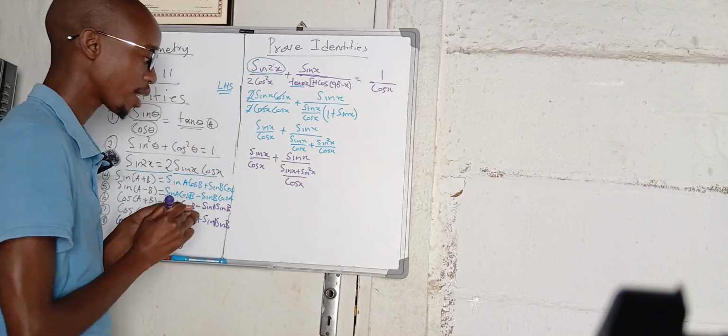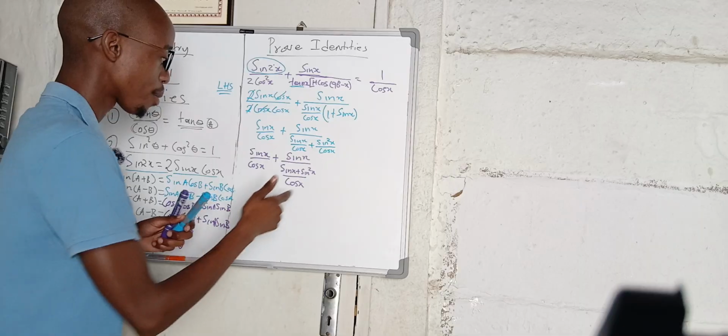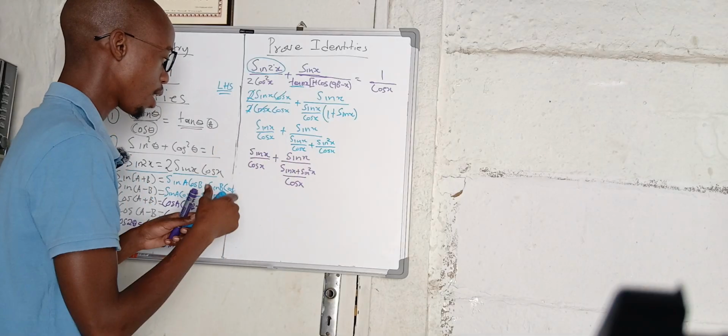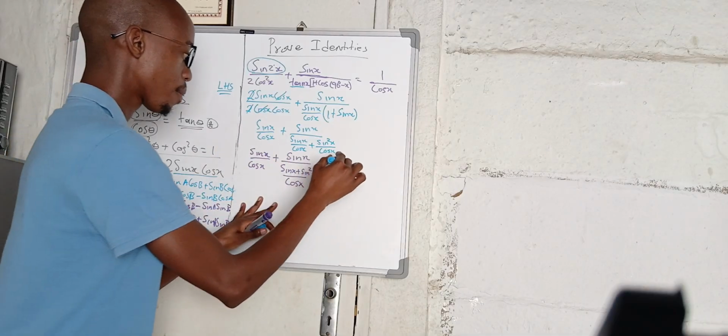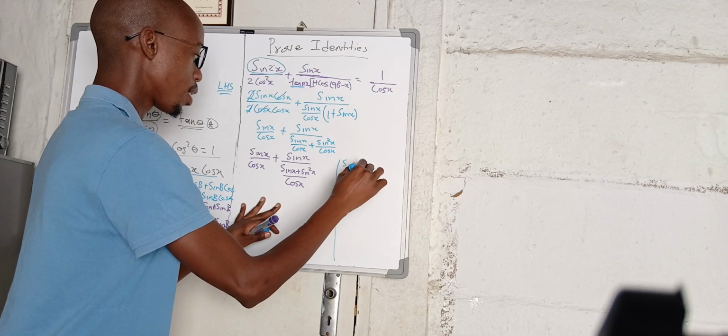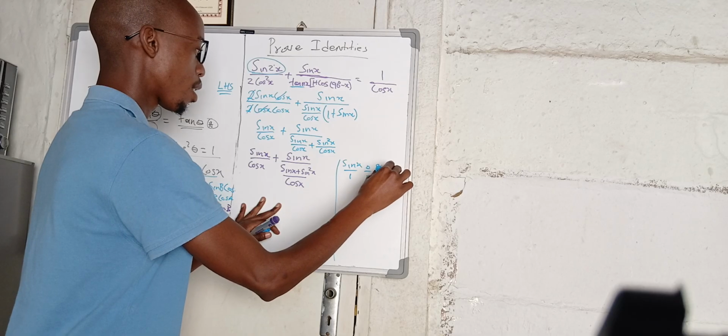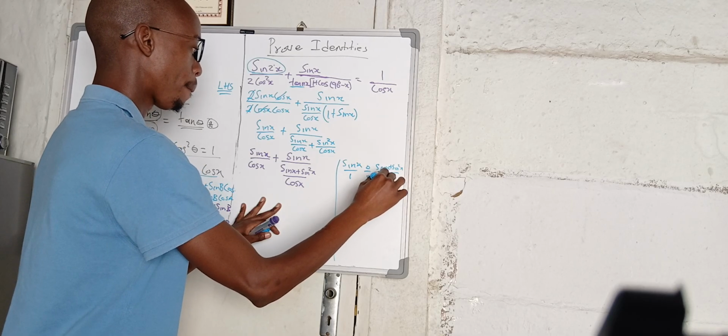Remember that algebraic thing that I've done when I said 1 over something divided by 1 over something. I have it here. It is just going to be like this. Sine x over 1 divided by sine x plus sine squared x all over cos x.